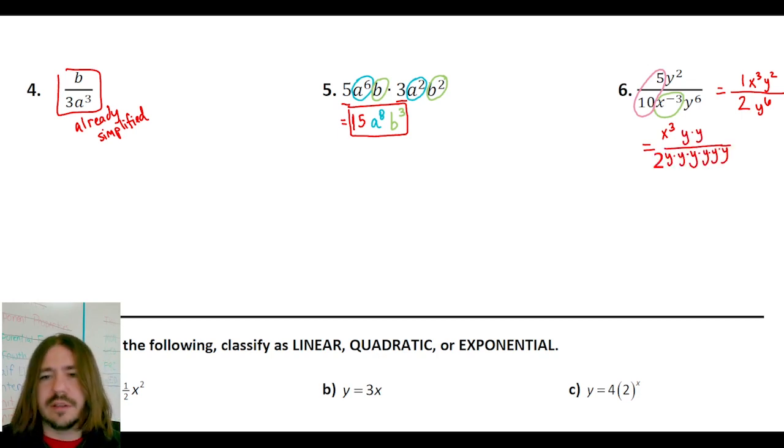You can see that we'll have 2 pairs of y's that we can reduce to 1. Y over y is 1, y over y is 1. So 2 of those y's cancel out, which leaves us with 4 y's in the denominator. So our final answer here should be x cubed over y to the 4th.